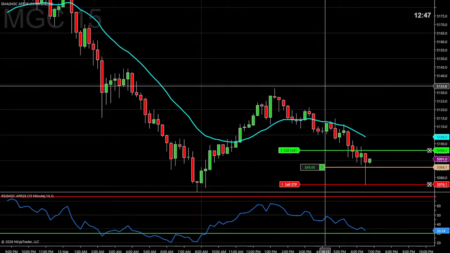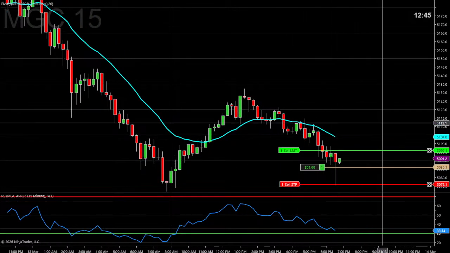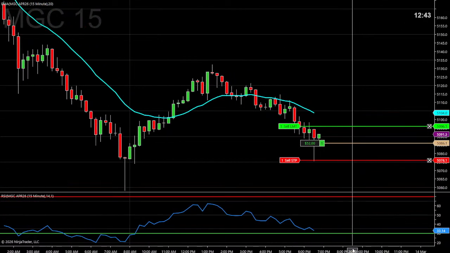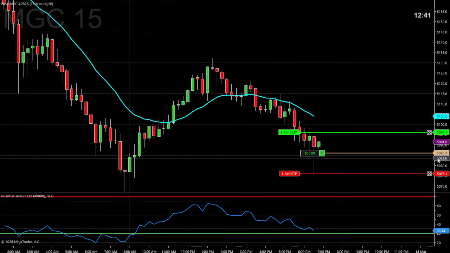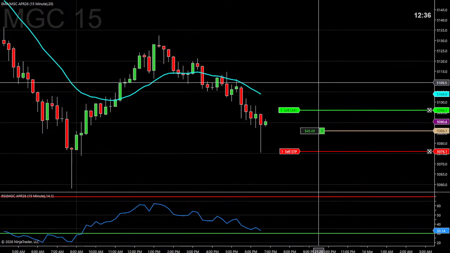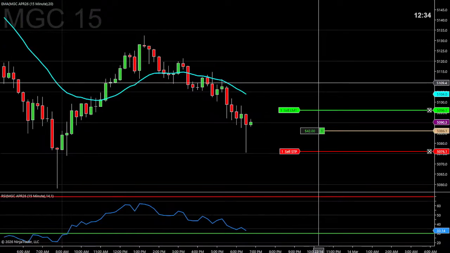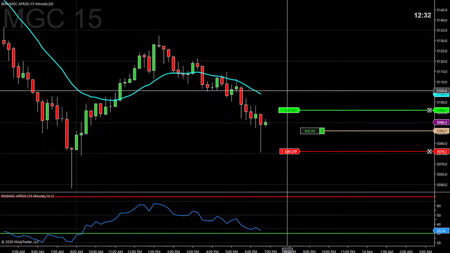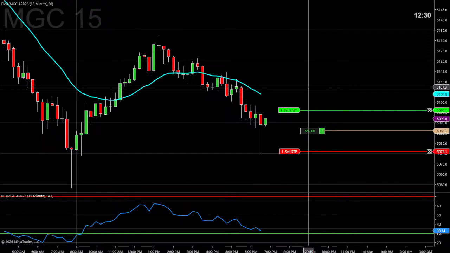Right, so main chart on gold. Here's that new 15 candle. It's still inside the range of, it's in its 50s now. Just dipped back to 40s. Still within the range there.